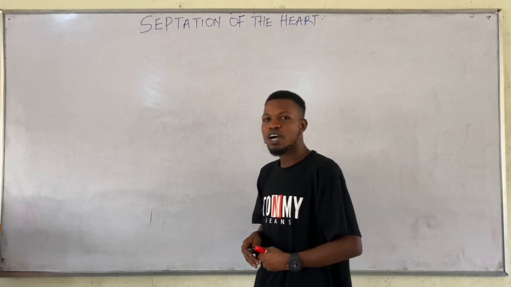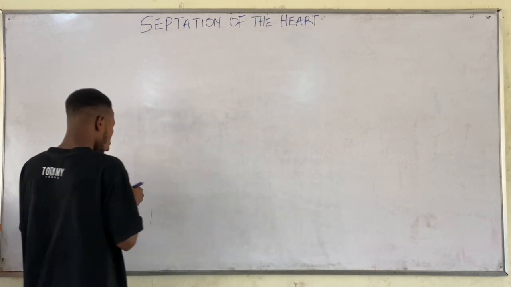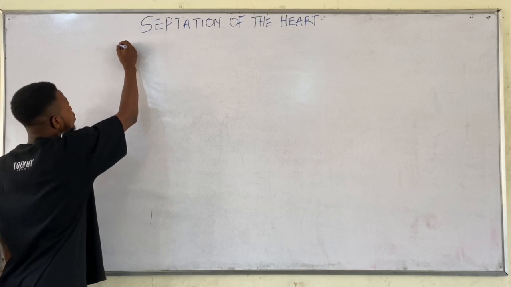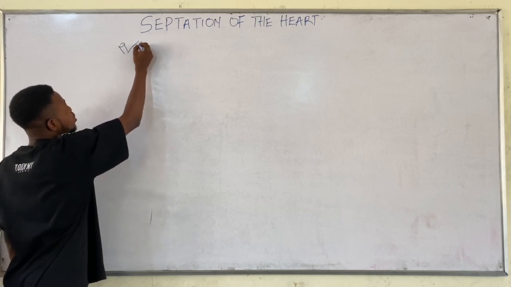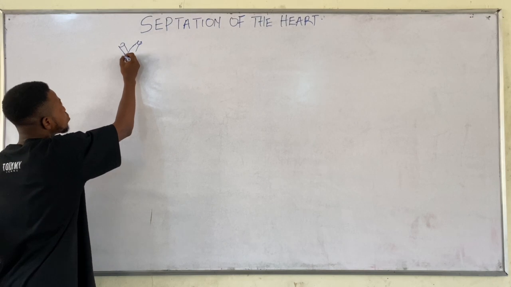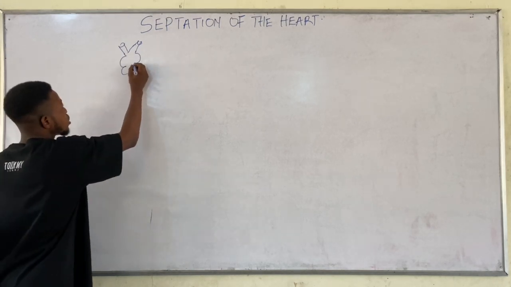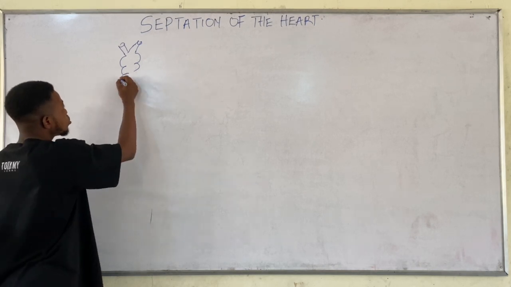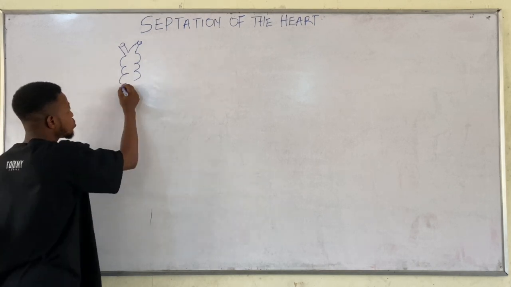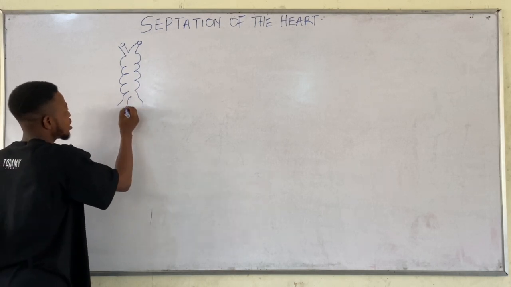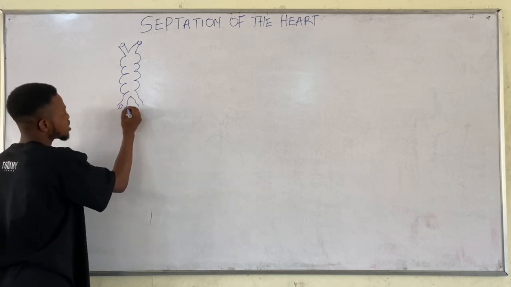Now, if you don't forget, this is the structure of the heart tube. We have here the bulbous cordis, the primitive ventricle, the primitive atrium, the sinus venosus, and the arm of the sinus venosus.